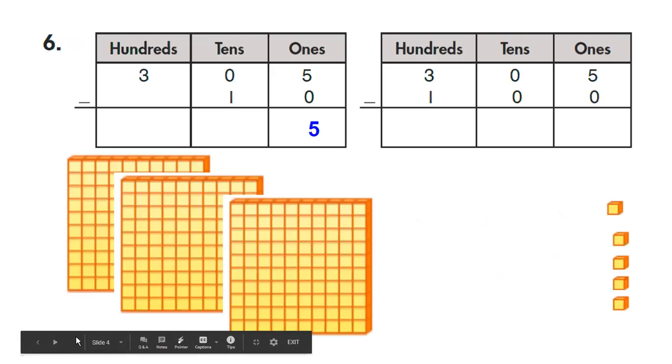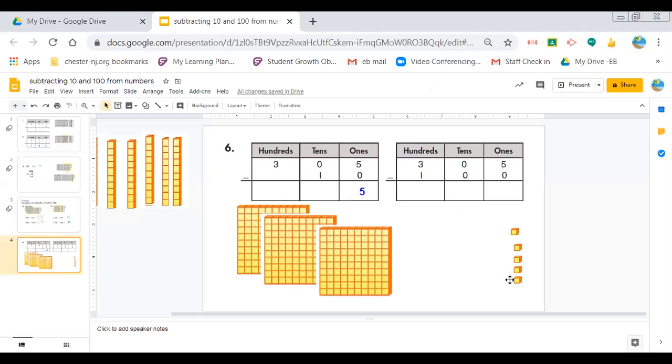All right. For the last one, I want to really practice with you when you have 0 in the tens place, especially when you're subtracting 10. That's where you're going to see it. We know that 5 minus 0 is 5, so our 5 stays the same when subtracting 305 minus 10.